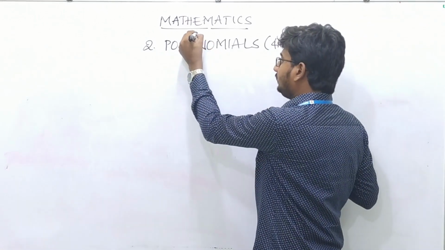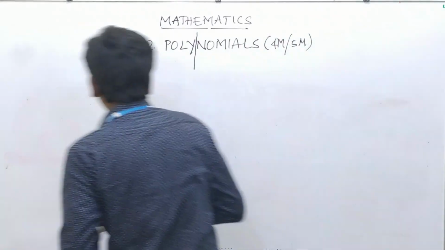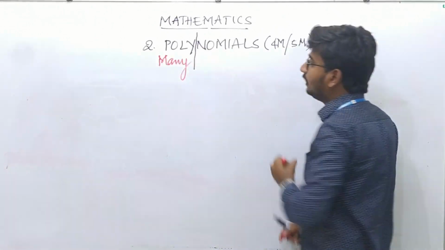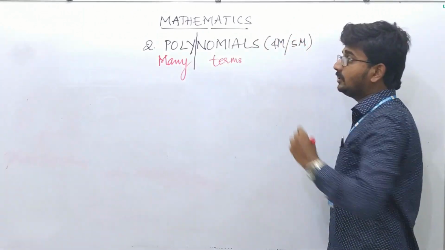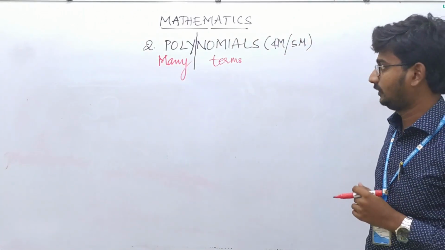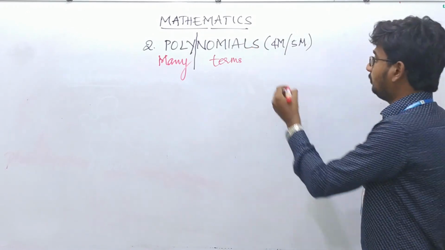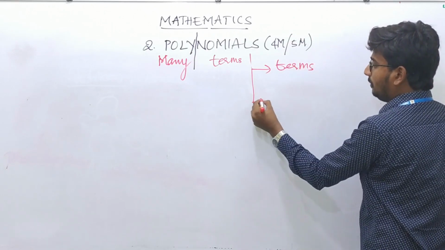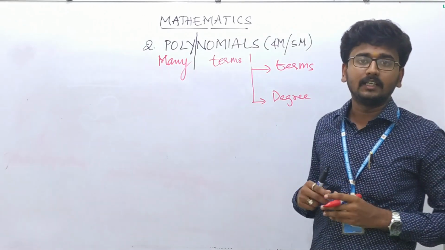If you split the word, poly means many and nomials means terms. Many terms are said to be polynomials. Polynomials are classified based on terms and based on degree, which we will see later.